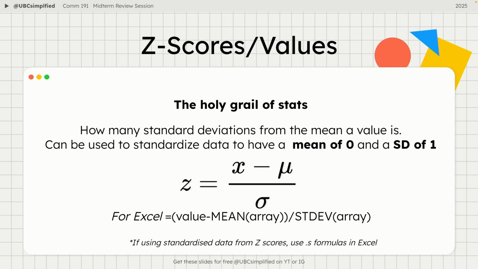A z-score of -2 means it's 2 standard deviations below. The way we get there is we take the data point minus the mean, and then divide by the standard deviation. You can calculate this in Excel, and this means you're standardizing something. If you're working with z-scores, you'll use the .S functions, that's NORM.S.DIST and NORM.S.INV.